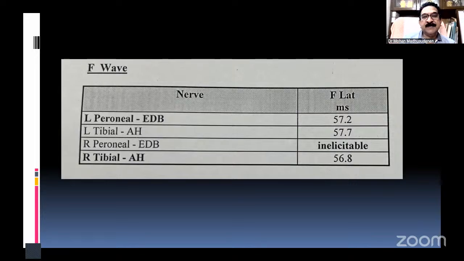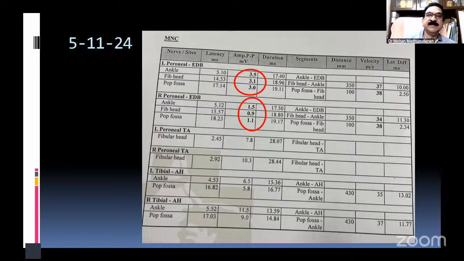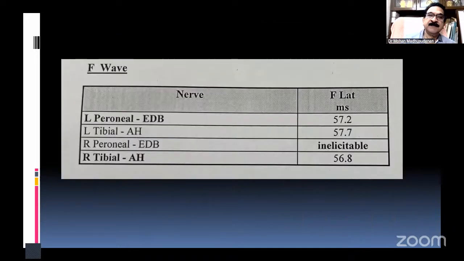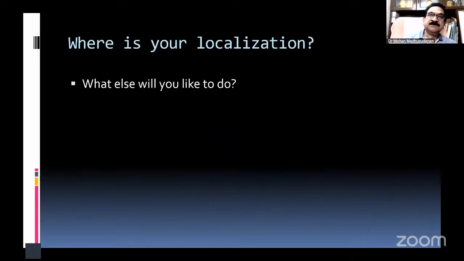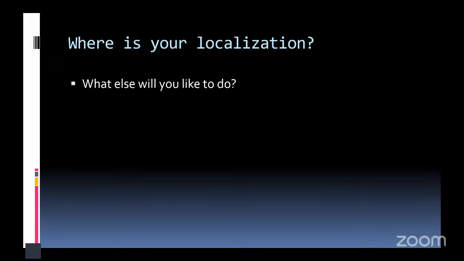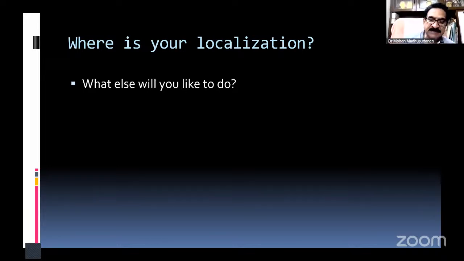The right peroneal F wave was ineligible, probably because of the low amplitude from the right peroneal EDB. So how do you explain this decreased CMAP amplitude? H reflex to exclude radiculopathy. Yes, for S1 radiculopathy, but the S1 was normal.